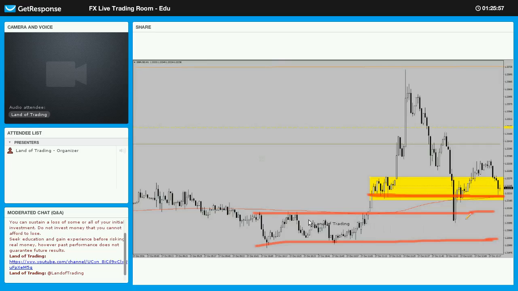Below 22.20, we may get back and test this 22.10, 22 zone.